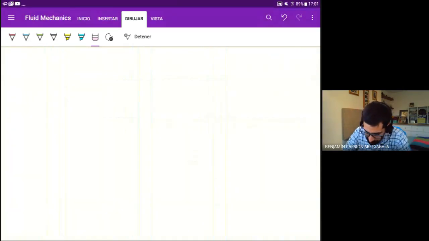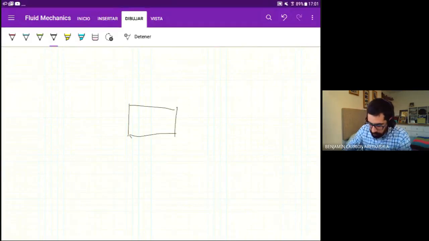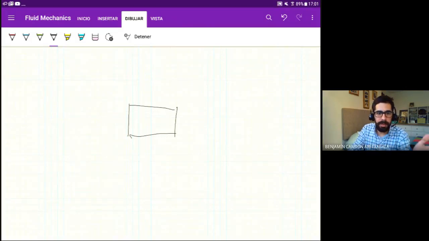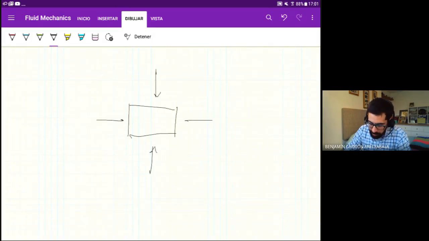So let's say you have a piece of whatever. It's a bit challenging to draw with this, but bear with me. So normally you have a piece of solid or fluid in our case, or a building or whatever. You're interested in determining the internal forces, the internal stresses, which are going to be normal to this element, and also going to be tangential or sheared.